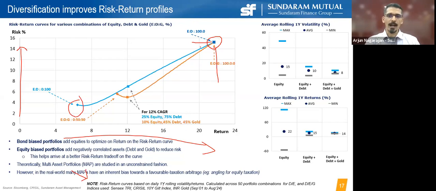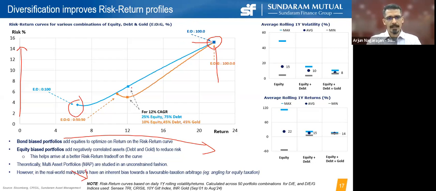We have to understand that bond biased portfolios are adding equities to optimize on the return on the risk return curve, and equity biased portfolios add negatively correlated assets, which are debt and gold, to reduce their risk. So we have to arrive at somewhere in between.